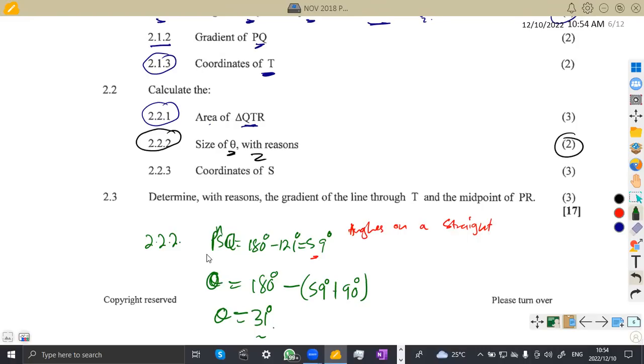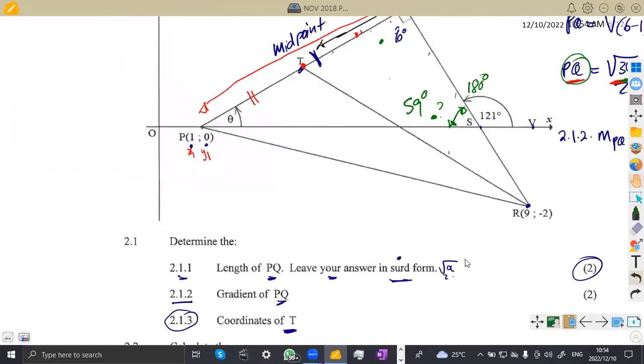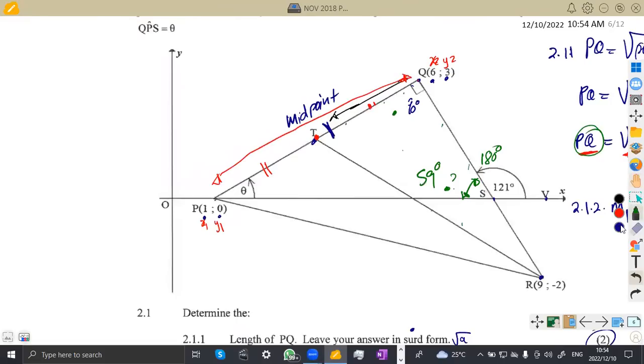Like I said, this is not the only way we can do this. There are so many ways. We can check from our diagram that the 121 degrees is actually equal to the sum of these two angles, which are theta and 90 degrees, remembering that an exterior angle is equal to the sum of the two opposite interior angles. So 90 and theta are the opposite interior angles, and they are equal to 121.